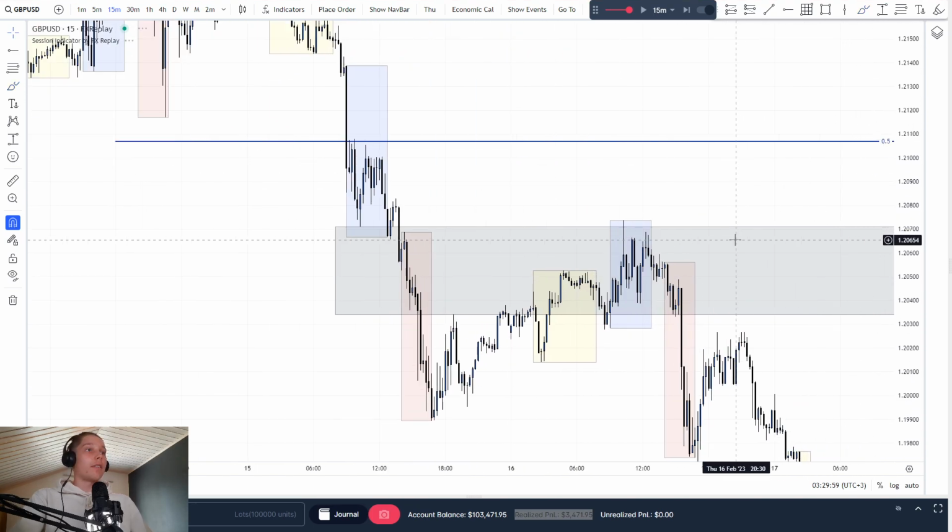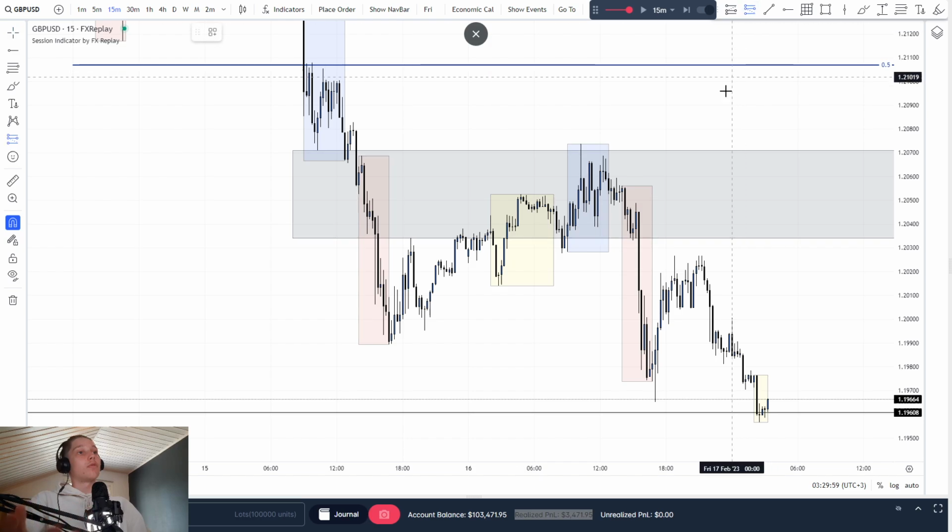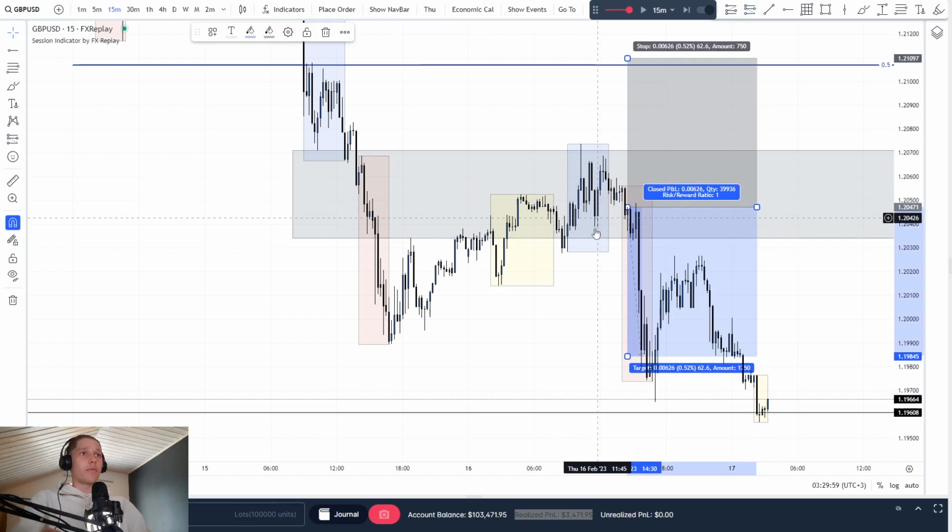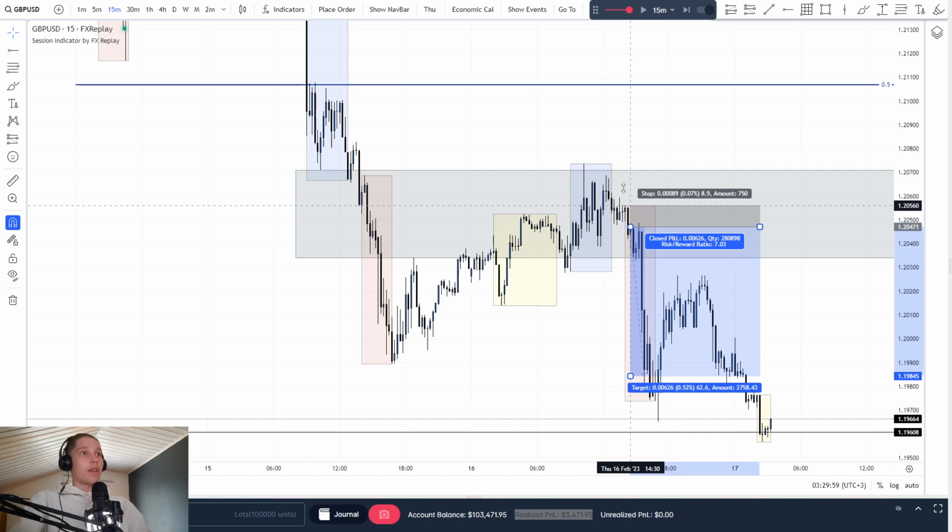You are in a 4-hour area where it's possible that market reverses, and so if market gives you enough confluences that it's in fact reversing, then there should be no reason for you to be too concerned about whether it will reverse or not. So that was a pretty nice one.